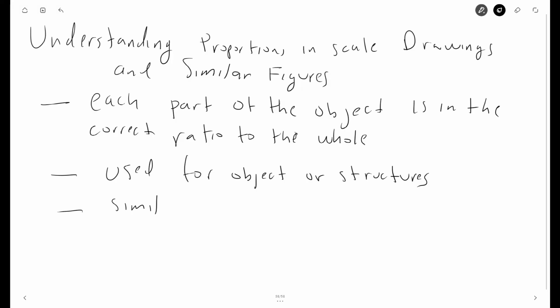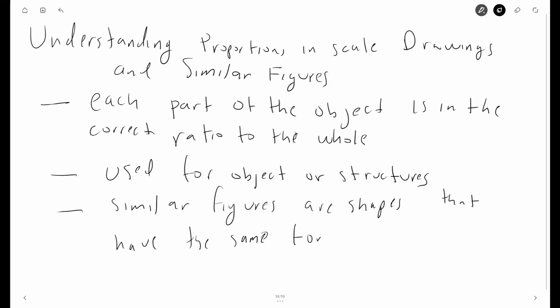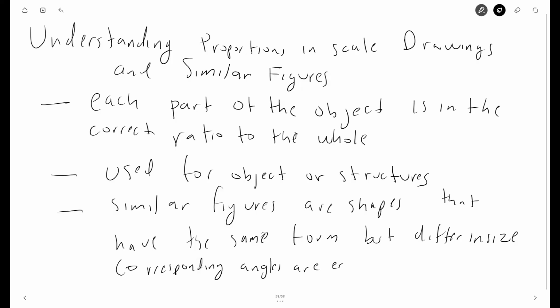So corresponding angles are equal, but the sizes, the sides, are proportional.